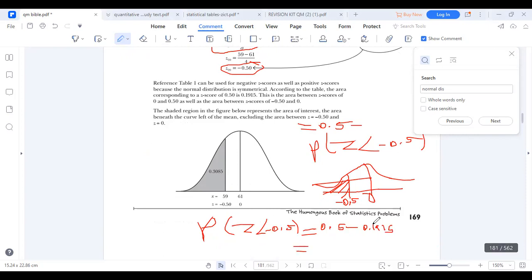So we can find the value there: 0.5 minus 0.1915. So it's 0.3085. This is the probability that Z is less than negative 0.5.